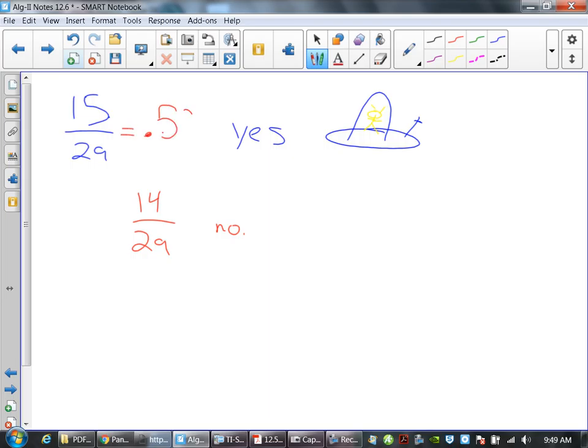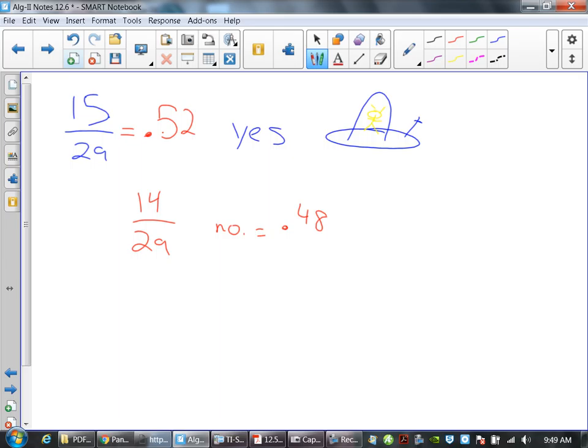So we say 0.52. So our success rate would be 0.52. Our failure rate would be 1 minus that, in other words, its complement, would be 0.48.